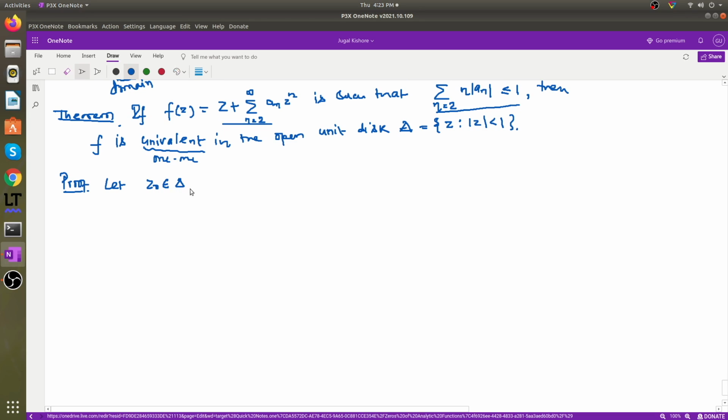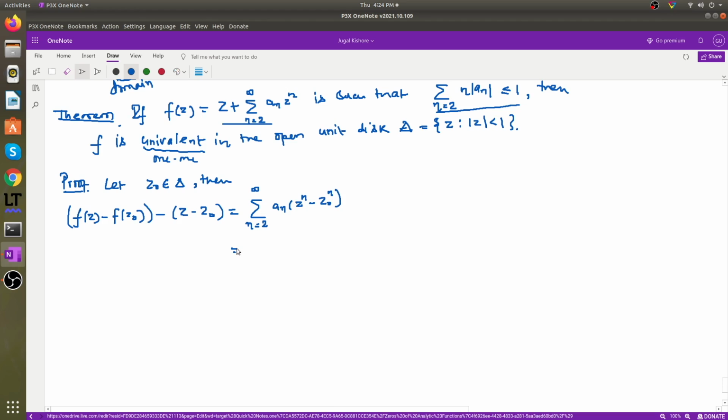If z naught is a point in delta, then I take f(z) minus f(z naught) minus (z minus z naught), and we can write this as the sum from n equals 2 to infinity of a_n times (z^n minus z naught^n).